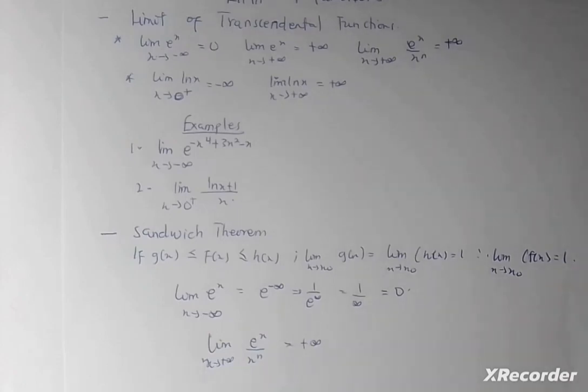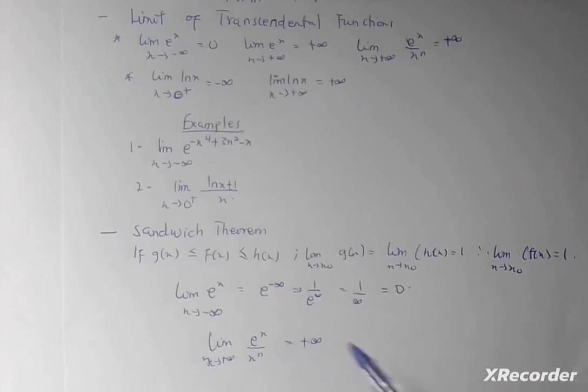Why is this not an indeterminate form? If I put infinity here, I'm going to get infinity, and if I put infinity down here, any number n will give me infinity, but it's not going to give me an indeterminate form. This is because when you have x as the power here, a number raised to the power infinity will be so huge, so the infinity I'll get at the numerator will be very huge.